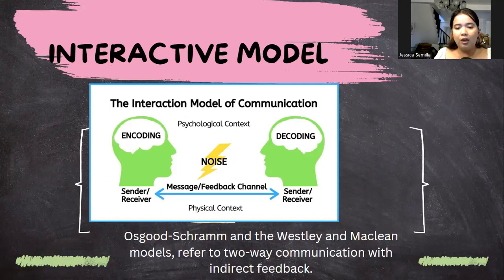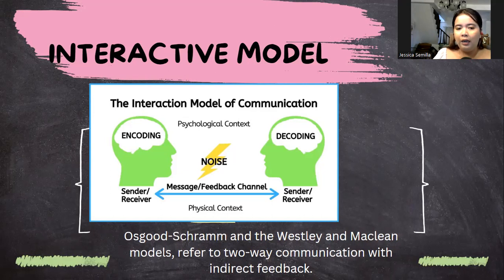And now the receiver becomes the sender already, and that is the interactive model. Understand? So again, this is a two-way communication. Always remember that when we talk about the interactive model, this is a model wherein there is feedback.